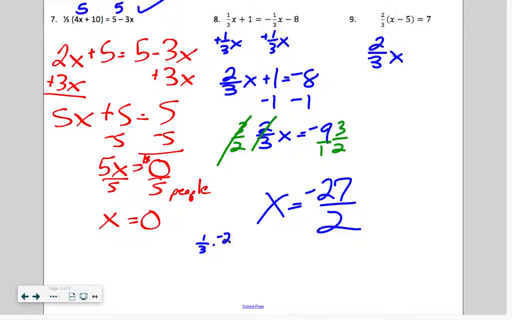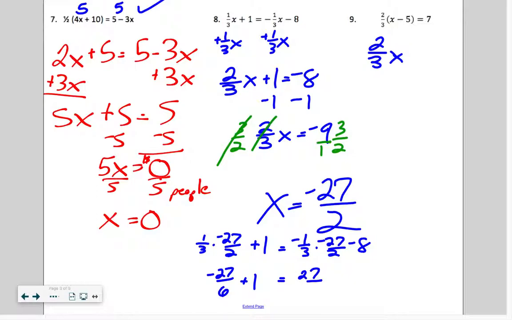1/3 times -27/2 plus 1 equals -1/3 times -27 halves minus 8. When we multiply fractions, we can multiply straight across. So I have -27 sixths plus 1. And over here I have 27 sixths minus 8.